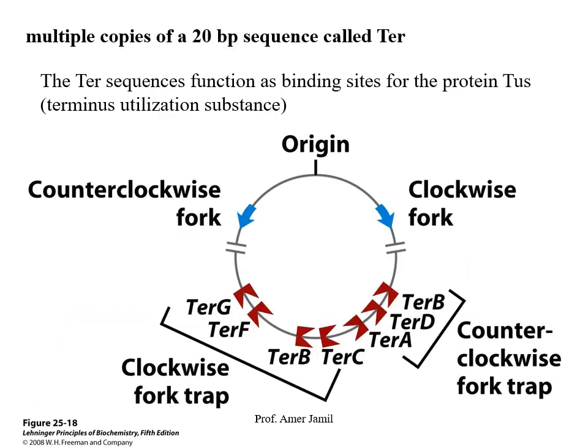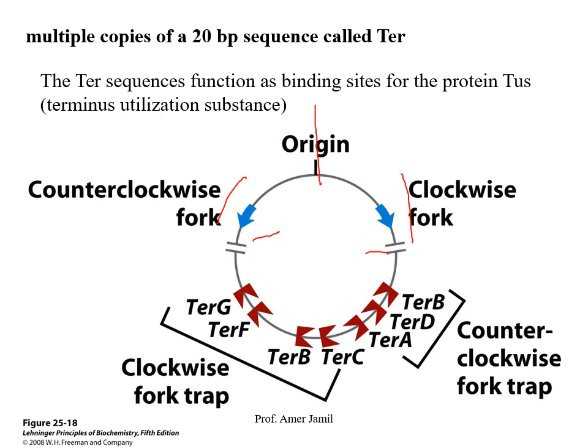And how this termination takes place: these are Ter sequences which function. These are terminus sequences, and Tus is a protein which is called terminus utilization substance, and this is the region of replication. Of course, this is out of scale, and there are two forks, one going clockwise, another going counterclockwise.